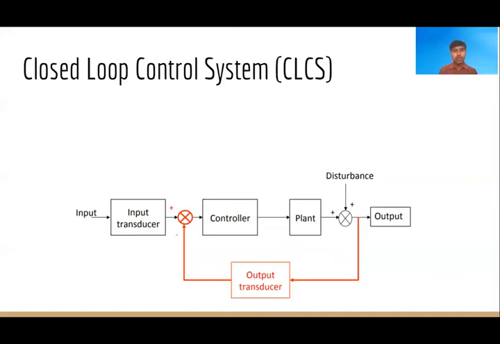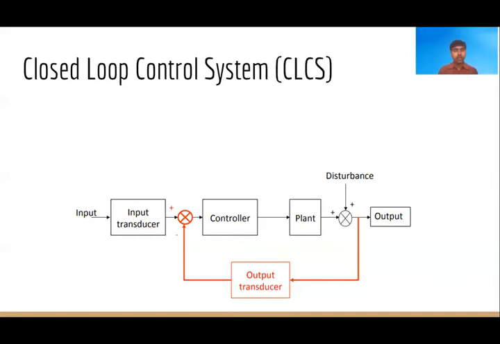And this is the model of the closed loop control system. In this system, we generally have the transducer at the input section, controller and plant, then output. This output is fed back through the feedback element, that is again a transducer. Therefore, the controller controls the plant parameters to get our desired output.